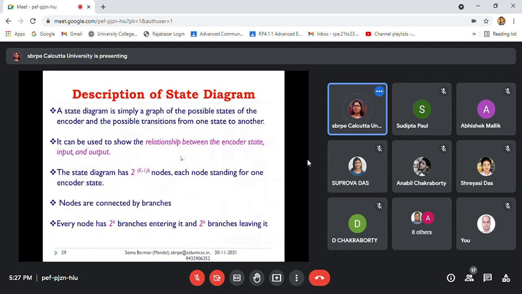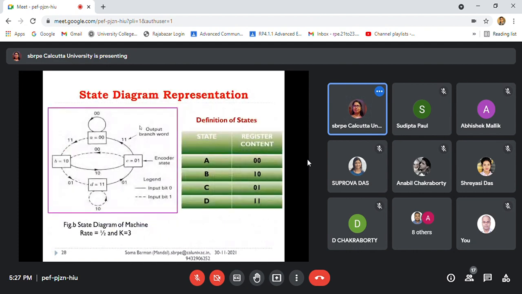See, this is the 0 state. From this 0 state, you can go this path, this path, this path, this path also. Also, you can go this path to this path. That means A to B, B to D, D to C, C to A, one possible path.